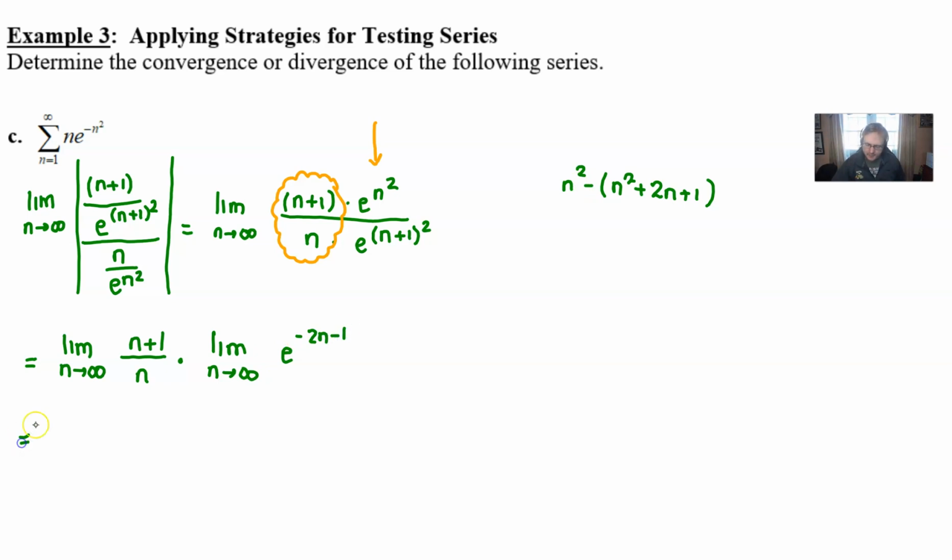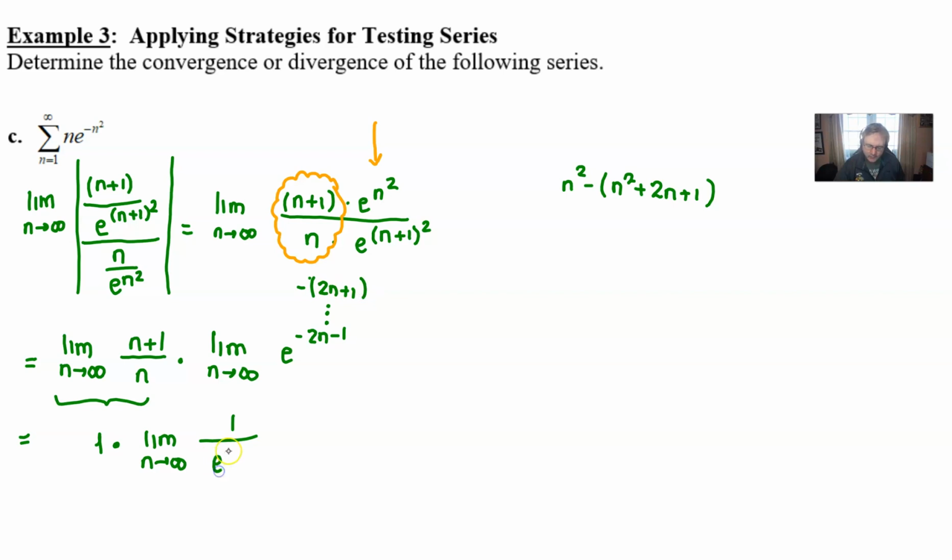All right. Well, remember we said that this limit is going to be, of course, 1. And then the limit over here, if we think about one more quick rewrite, notice how this negative 2n minus 1 could be negative quantity 2n plus 1.